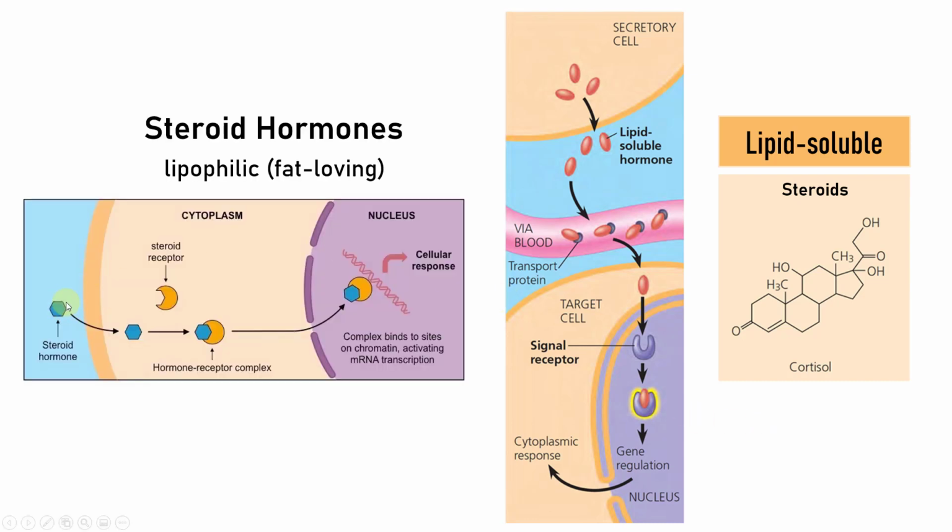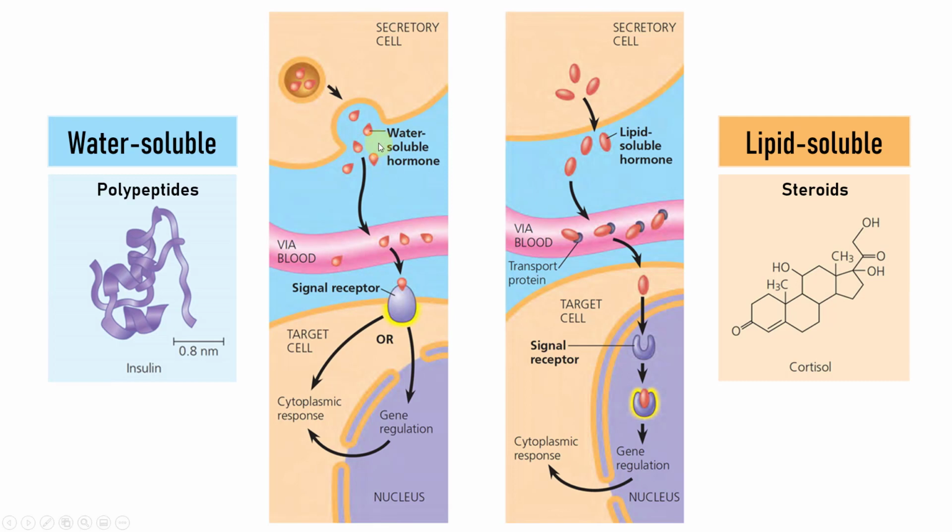This shows here that there's no channel or receptor needed on the outside to get into the cell, but once in the cell, there is some kind of steroid receptor that it interacts with, and then that goes into the nucleus to transfer its message. So some kind of translator, if you want to look at it from that perspective. So that's the primary difference between the water-soluble and the lipid-soluble.